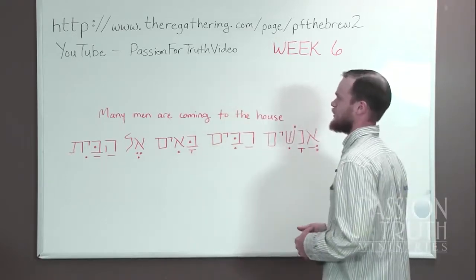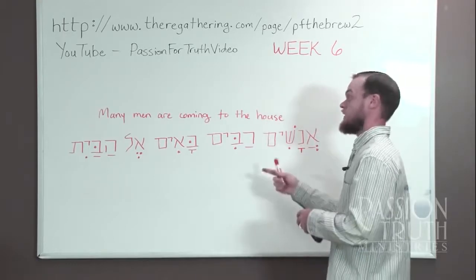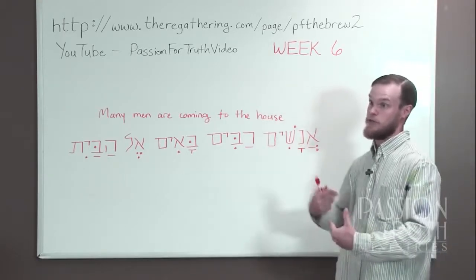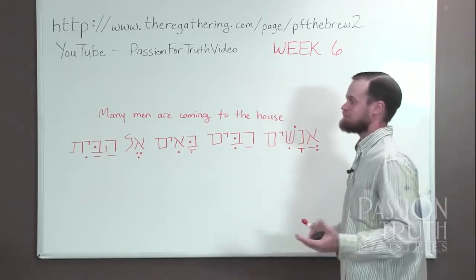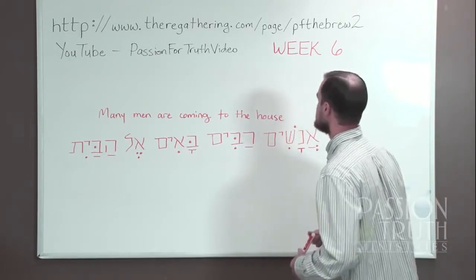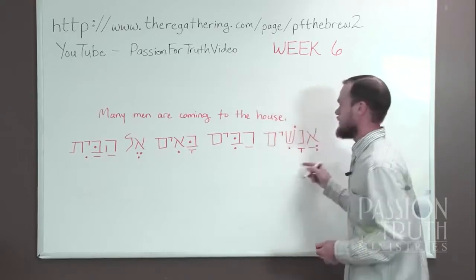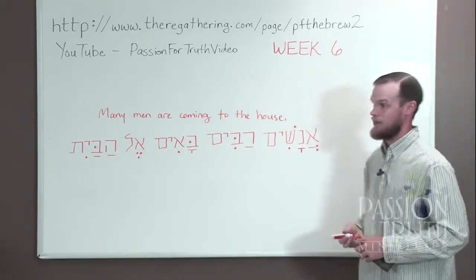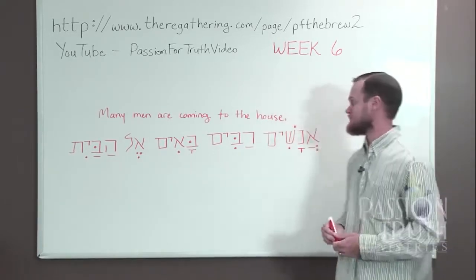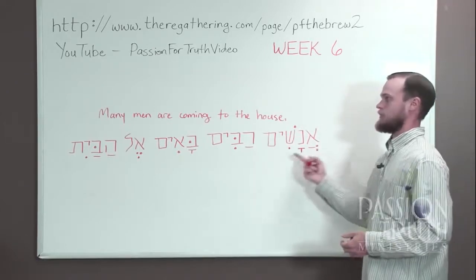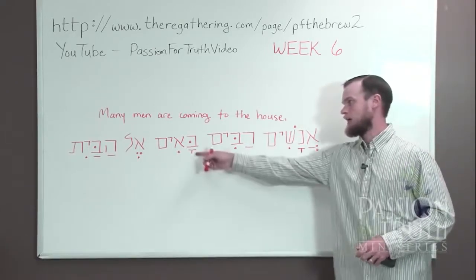Going might be a better word, well, coming if we're at the house. If we're at the house, then they're coming. So, Anashim, Rabbim, Ba'im, El Habayit. Or Ba'im, Anashim, Rabbim, El Habayit.